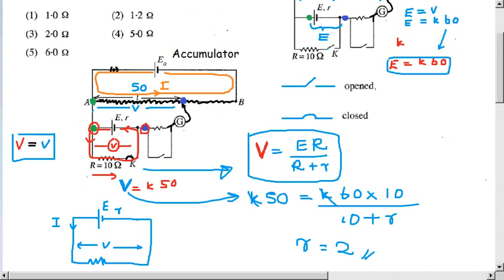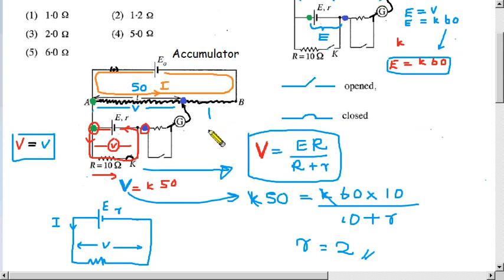This wire is a resistance wire. It should have a constant resistance in each centimeter. That is, it is a uniform resistance wire.